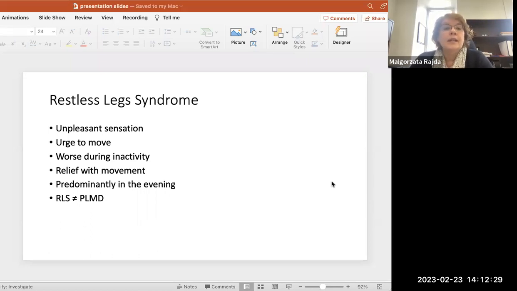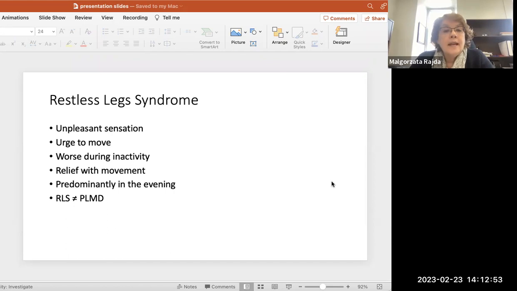It occurs during inactivity and is partially or completely relieved with movement. Now, the relief is not long-lasting, and the sensation improves while the patient is moving, and when they stop moving, it comes back again. There is a circadian pattern to the symptom. It happens predominantly in the evening when the patient is resting in bed and trying to fall asleep.